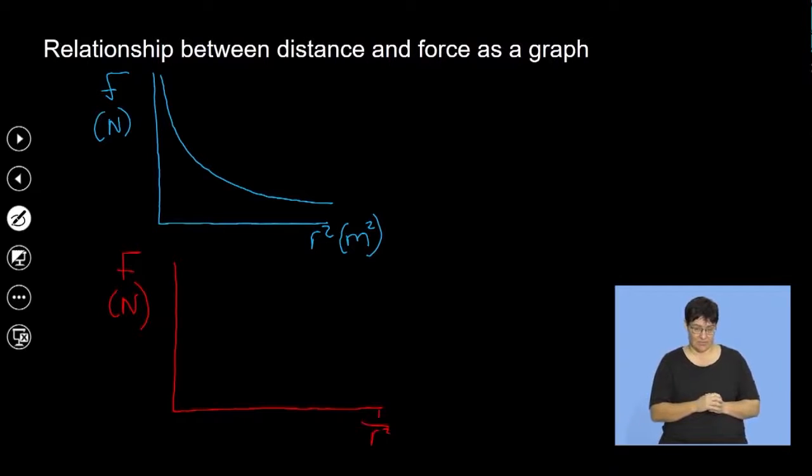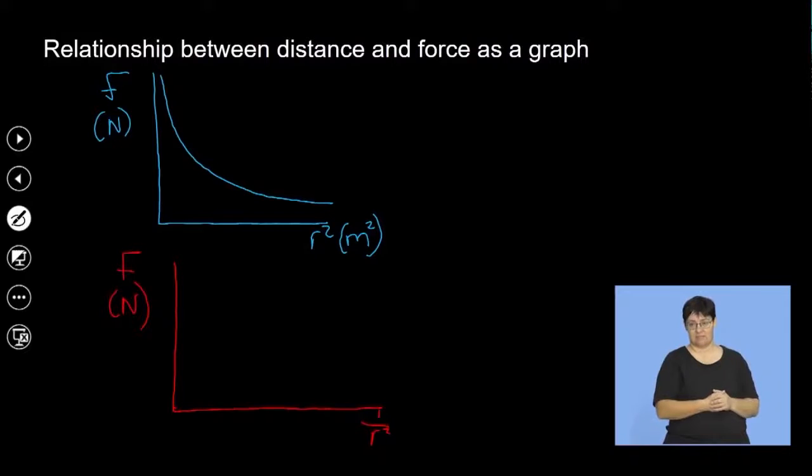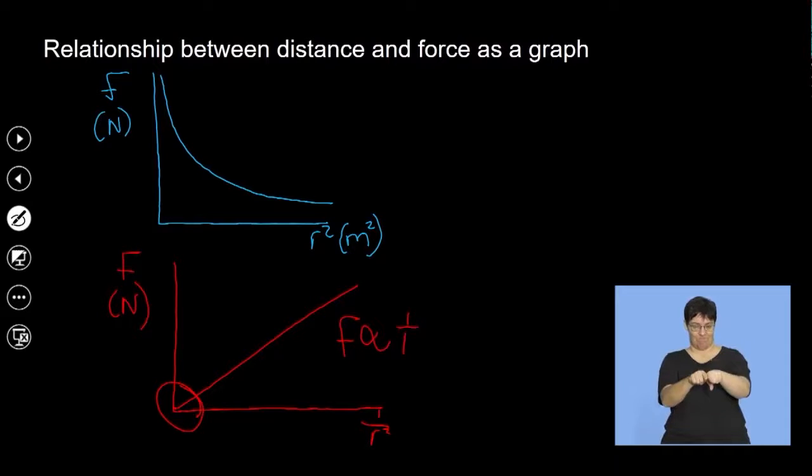If this is an inverse proportionality, I will now draw a graph that's a straight line through the origin. It will now do this, and it has to go through the origin. What that is telling me is that force is directly proportional to the inverse of r squared.